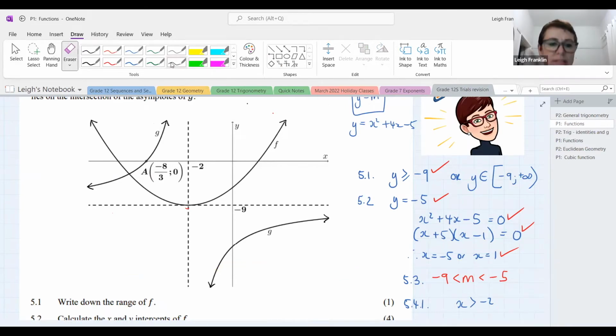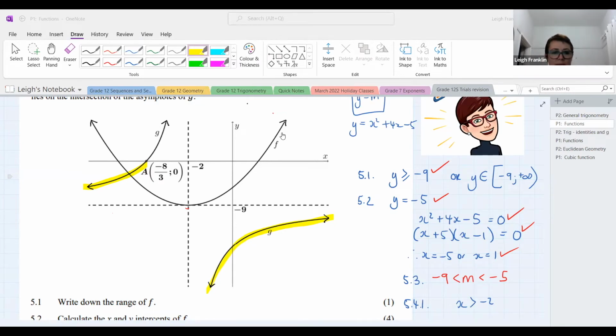So where is the line below the x-axis? Here's our x-axis. Our line is going to be below over there and also over there. So we've got to describe these regions.